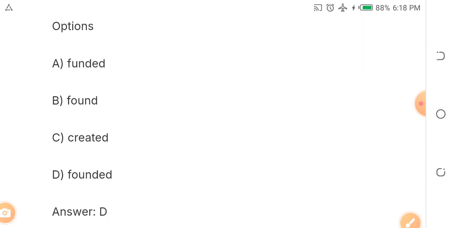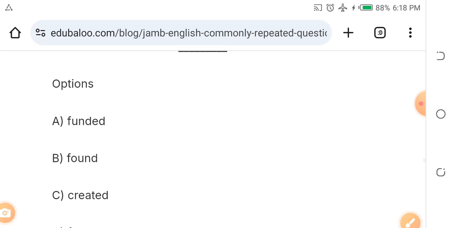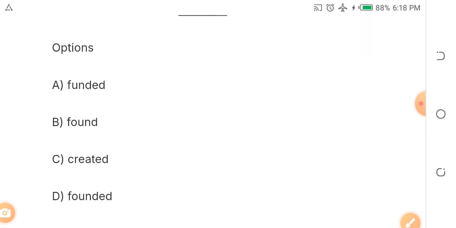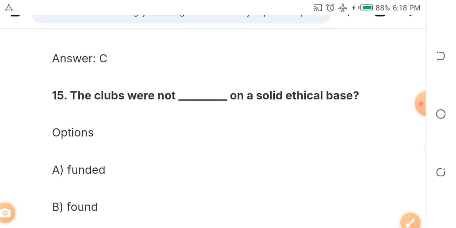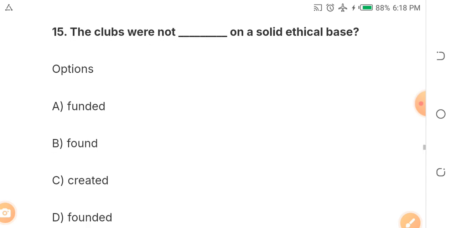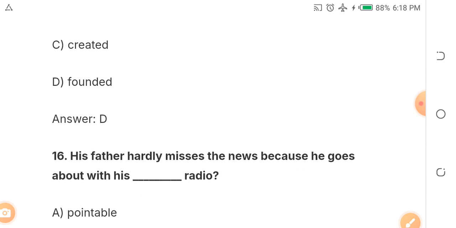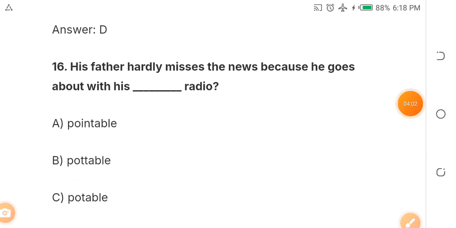That is, they did not originate. They did not create the club. So you can see that in this option, created can fit in, but the one that can best fit in is founded. That is to found something, to found a club, to found a business. Okay, are you with me? I hope you are following me so far.